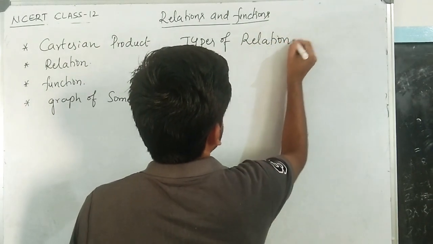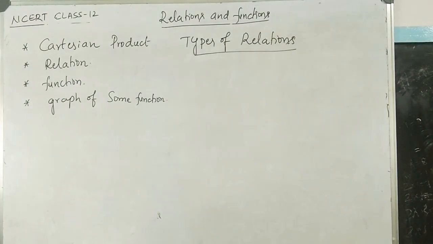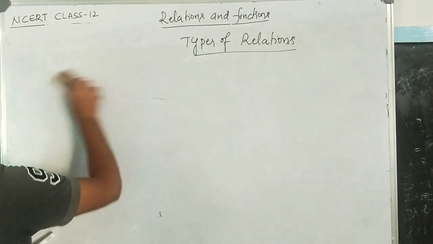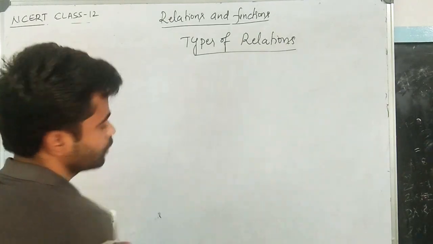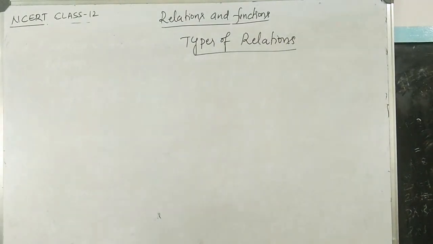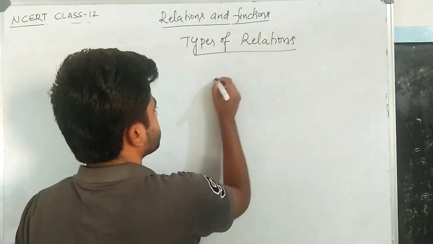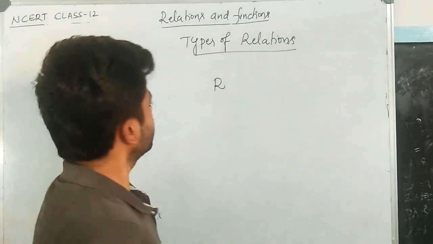Types of relations. Okay. Now there are mainly four types of relations. Before defining the types, I will recall what a relation is.